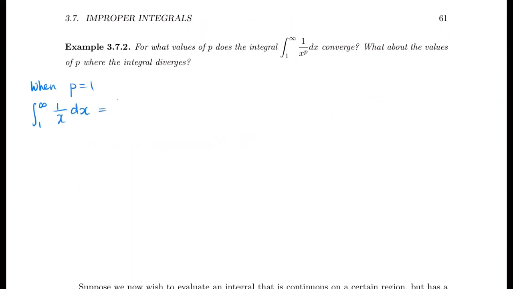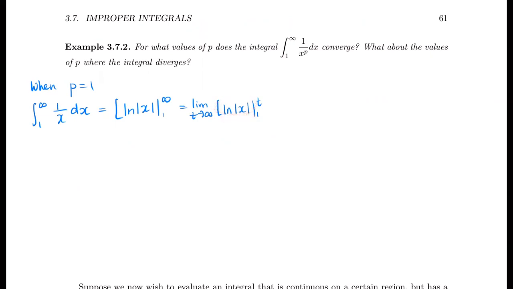But this is just going to be the ln of x from 1 to infinity, or if you want, this is also saying the limit as t approaches infinity of the ln of x from 1 to t. So we see that as t approaches infinity, the value here actually diverges.